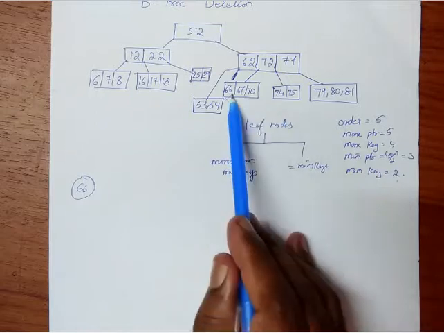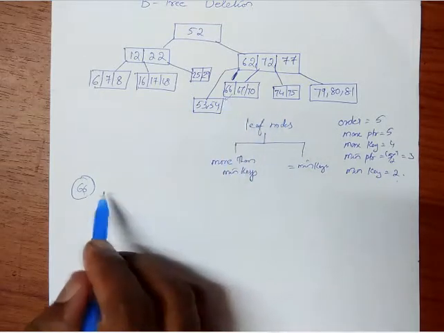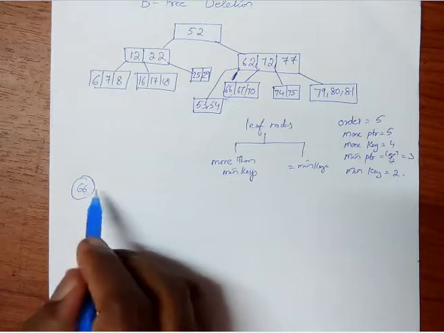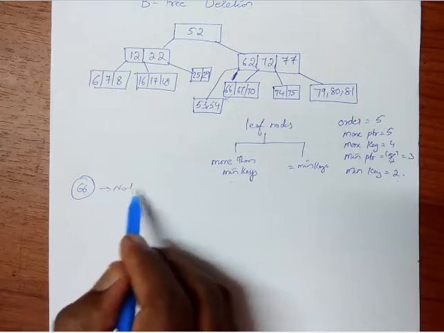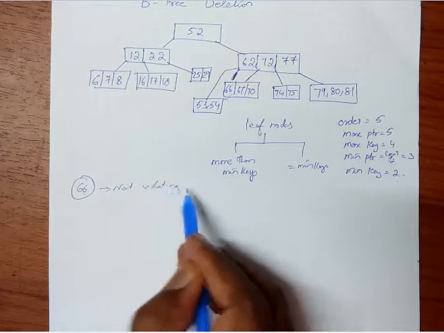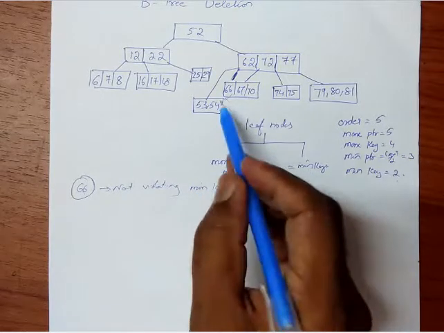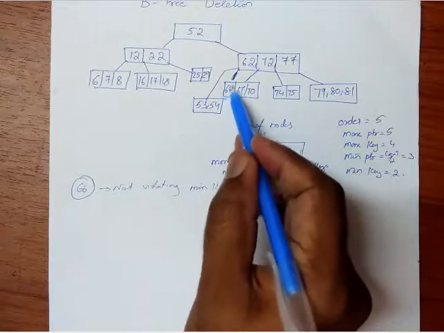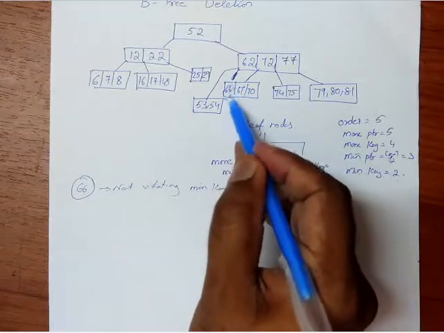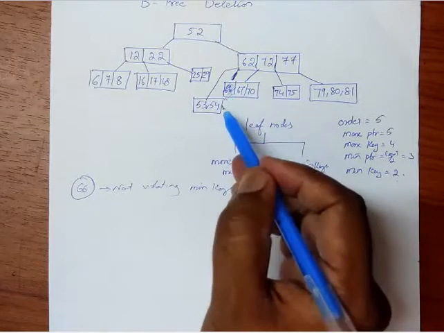So it can easily be removed without further checking, because the minimum key value is 2. We can easily remove 66 from the leaf node. Even though it is removed from the node, it is not violating the minimum keys.